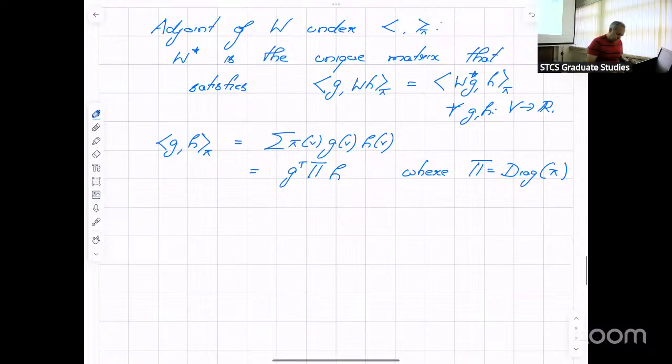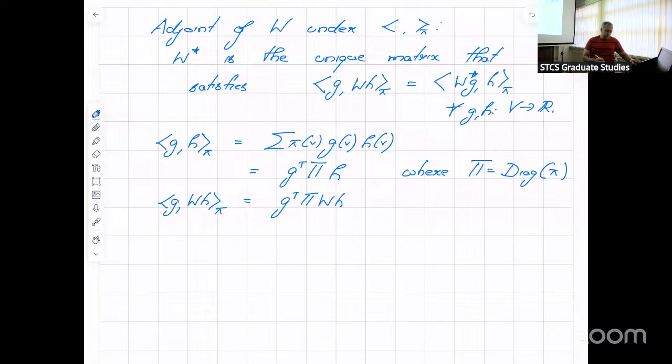So with this notation, let's look at what the inner product of GW and H under pi is. This is just G transpose pi W H. Whereas what is the inner product of W star G and H under pi?